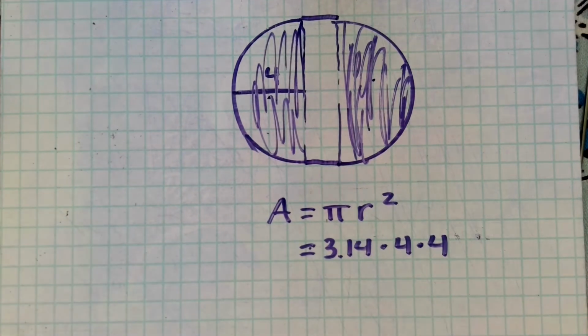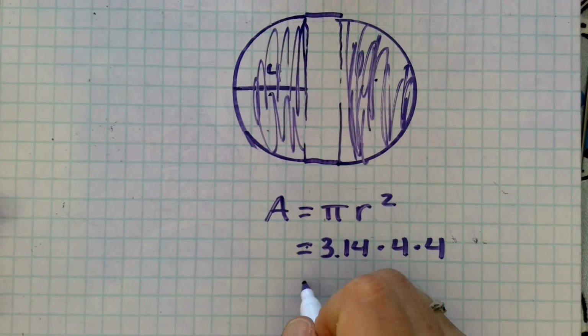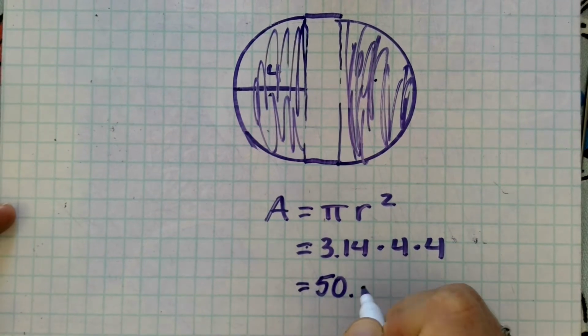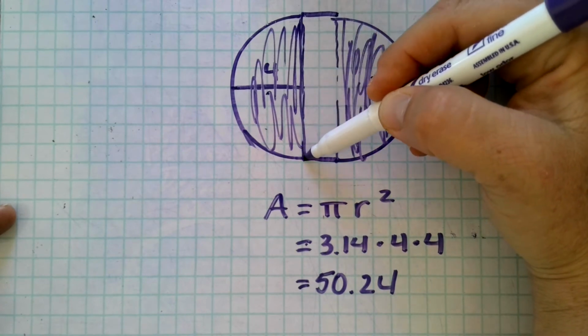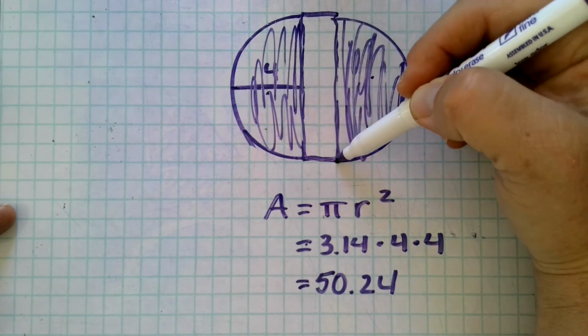So 3.14 times 16 is 50.24. So now we're just going to find the area of this rectangle here. And we know it's length times width.